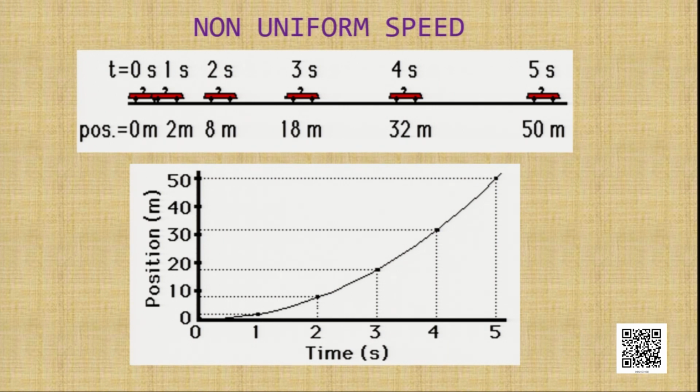Similarly, at the fourth second, it is at 32 meter. At the fifth second, it is at 50 meter. Now, if you plot these points on the graph by taking in the x-axis your time, y-axis the position, you will find in this case a curve. But it is not necessary that it will always be a curve.